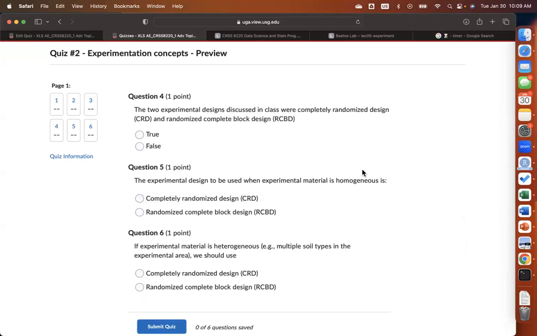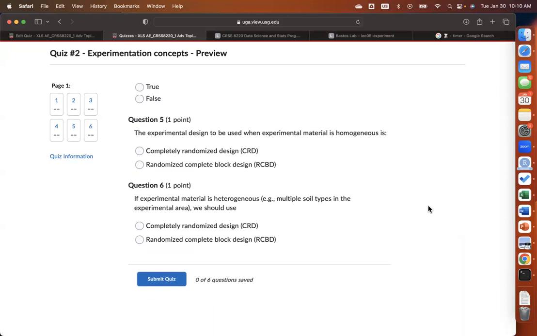Question four is the two experimental designs discussed in class for CRD and RCBD. That is true, right? That's what we discussed. Question five, experimental design to be used when experimental material is homogeneous. That's completely randomized design, as we just talked about. And then finally, if you have heterogeneous experimental material, you should use a randomized complete block design, at least as far as what we talked about in class, right?